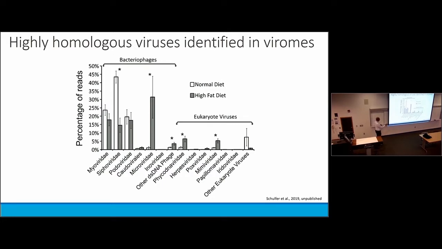In this case, it's not the myoviruses. Instead, it's these microviruses. But we have basically the same question, right? Are the viruses helping to drive the differences that we see in the bacterial communities, or are the viruses just a mere reflection of the changes that we see in the bacterial community? And we haven't had good ways to be able to figure this out.